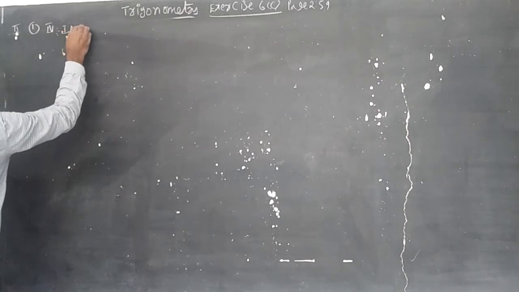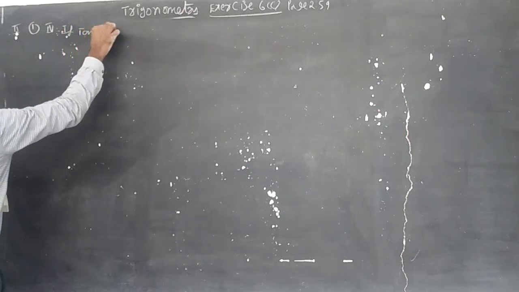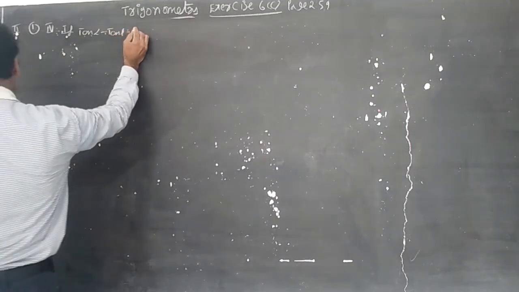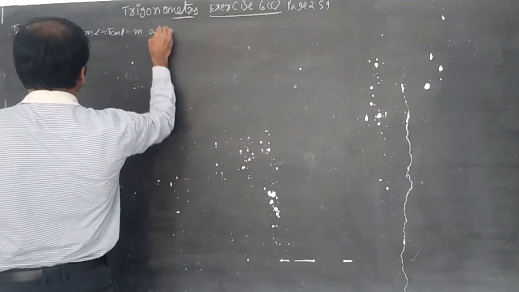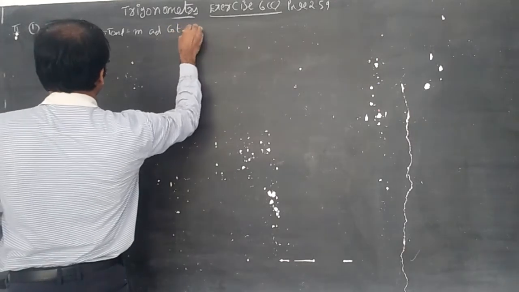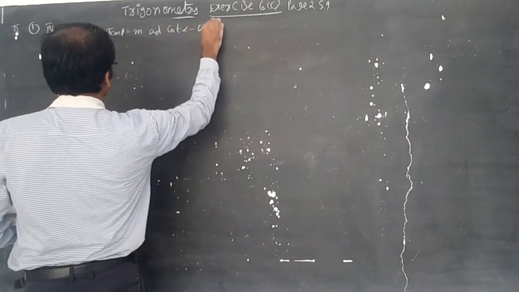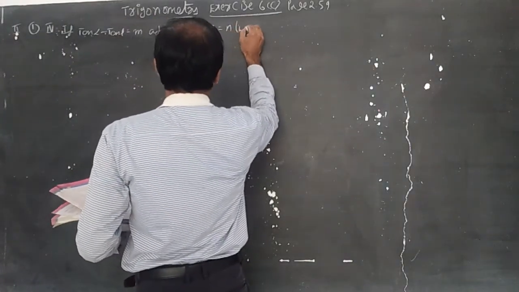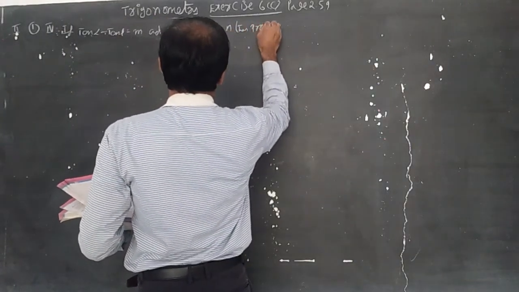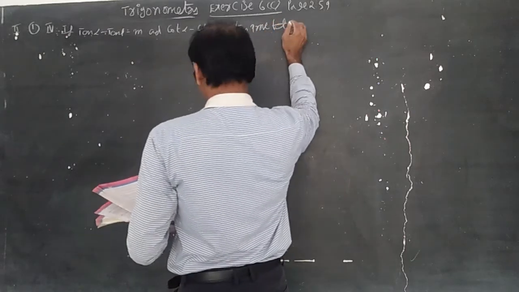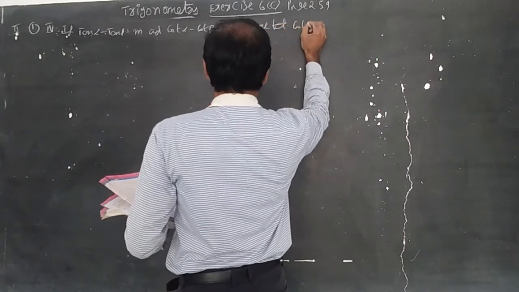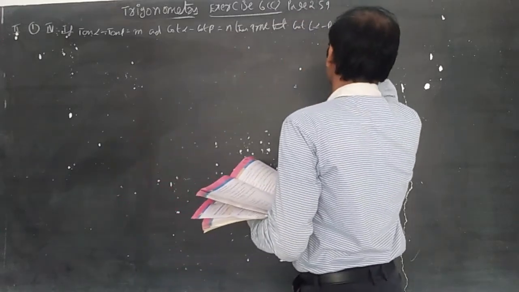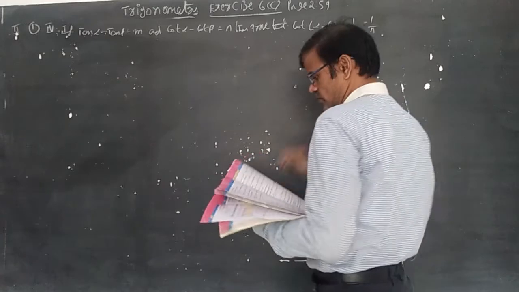If tan alpha minus tan beta is equal to m, and cot alpha minus cot beta is equal to n, then prove that cot of alpha minus beta is equal to 1 by m minus 1 by n.